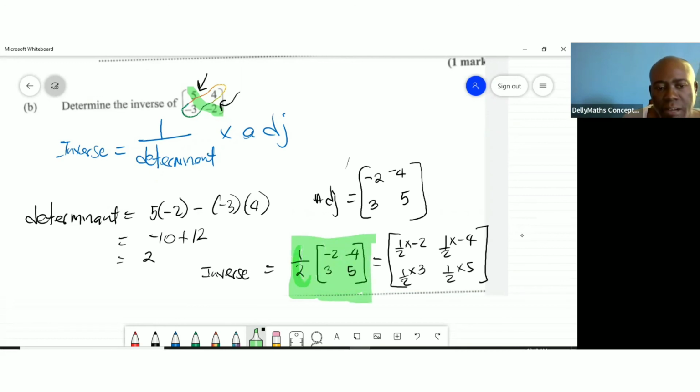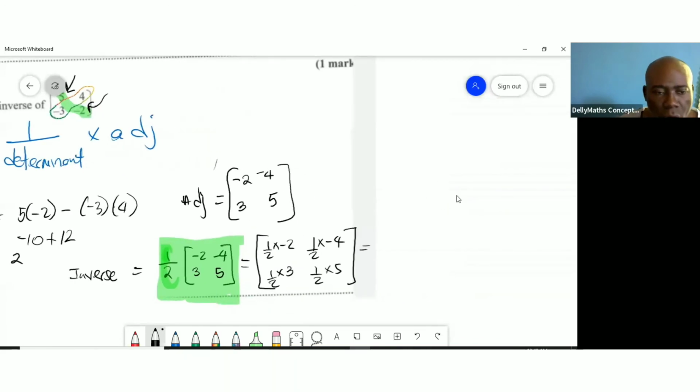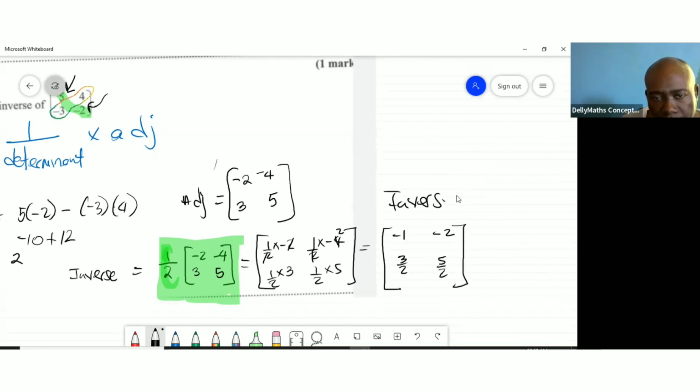In simplification, you could see for yourself that the 2 cancels itself, so that's a -1 in that spot. 2 into 4, 2 times, so that's a -2 in that spot. So we have 3 over 2 here, and 5 over 2 here. And this is the inverse of that matrix. There you go.